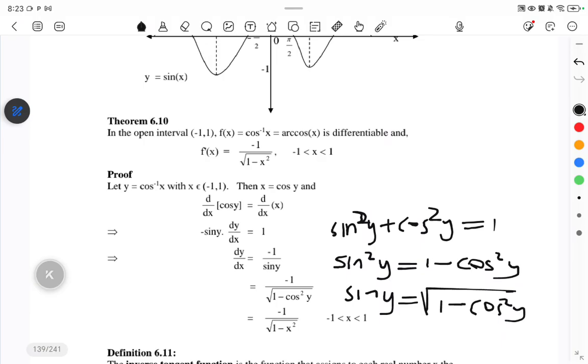And we know that cos y is equal to x. We substitute x there. You see, right? Then we get -1 over the root of 1 minus x squared. Then we get that. So do we agree on this?